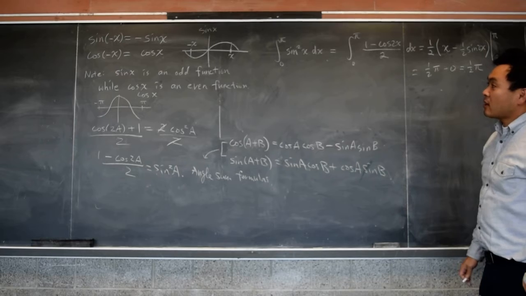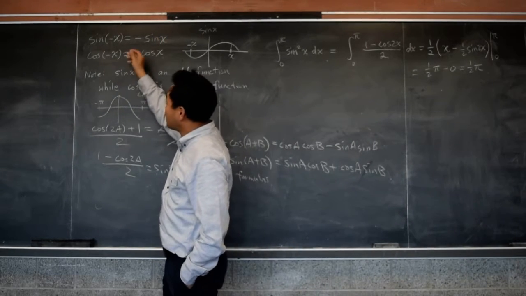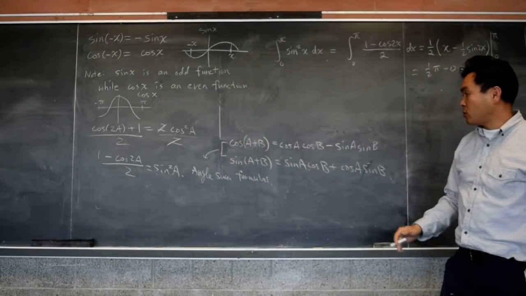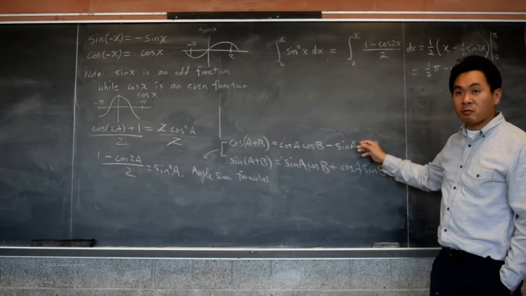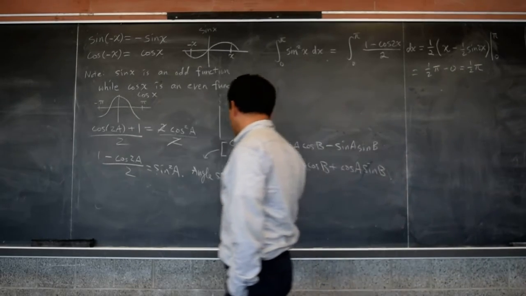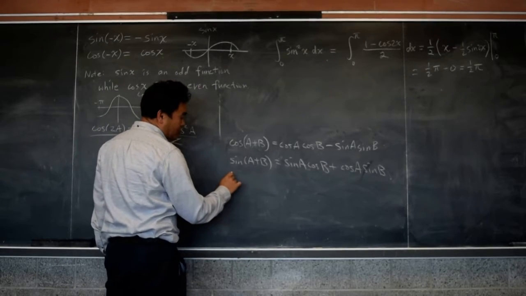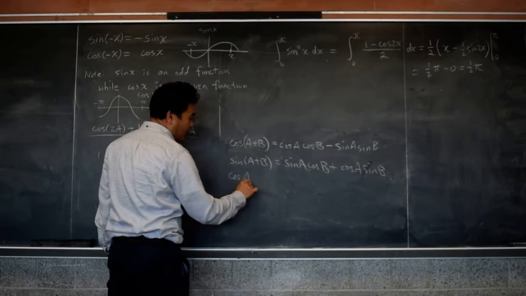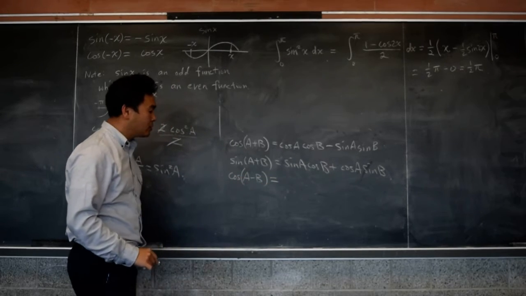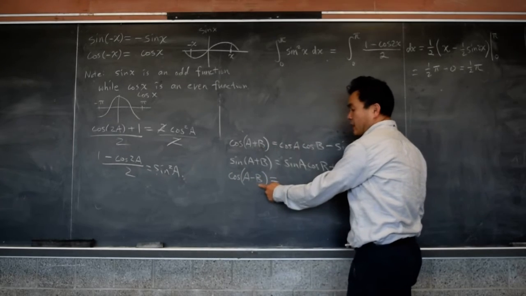Well, these two properties, that sine is odd and cosine is even, can be used along with these to give you another pair of formulas that look similar to this. So instead of having the sums, we can write down the ones with the minus. So for example, cosine of a minus b. What would that be? Well, that's like replacing all the b by negative b, right?